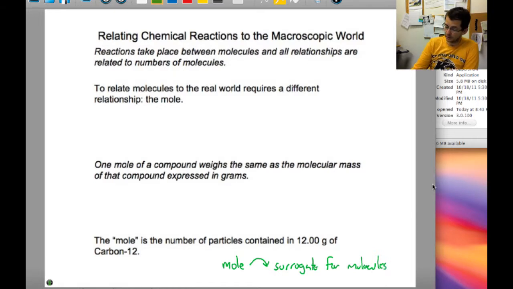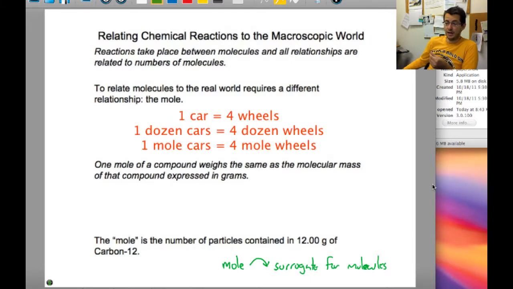It's a proportional amount. The analogy I use is wheels on a car. If you have 1 car, it'll give you 4 wheels. If you have a dozen cars, it'll be 4 dozen wheels.